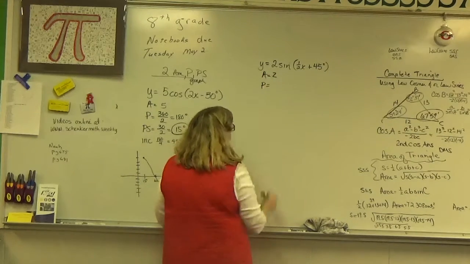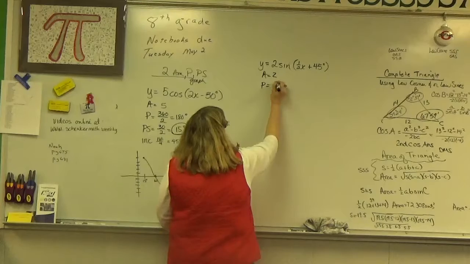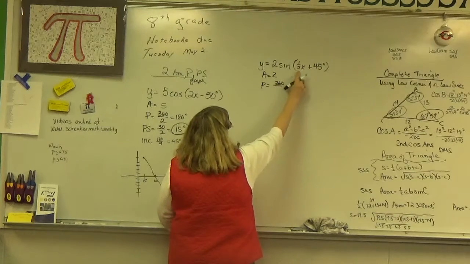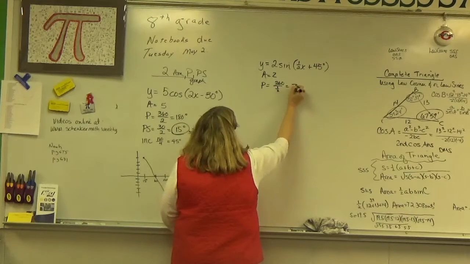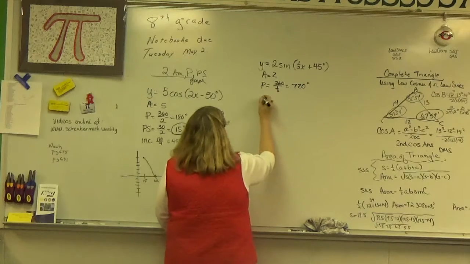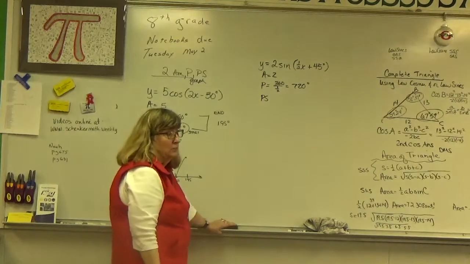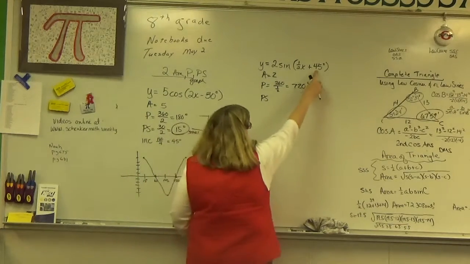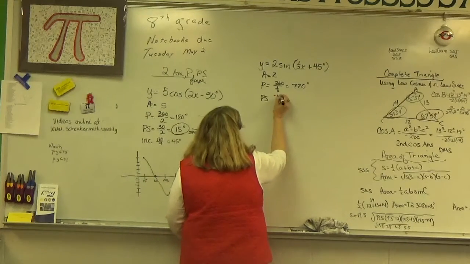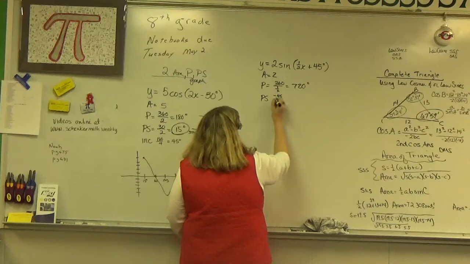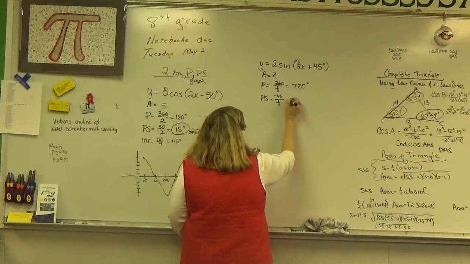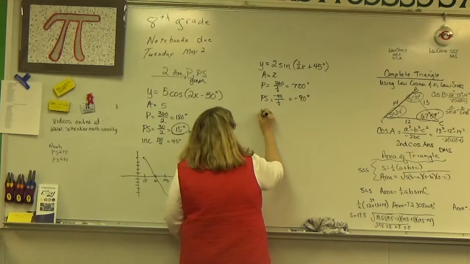Period, how do I find it? 360 divided by 1/2, that'd be 720. Phase shift, change the sign of the C and divide it by the coefficient of the angle. So that'd be -90.